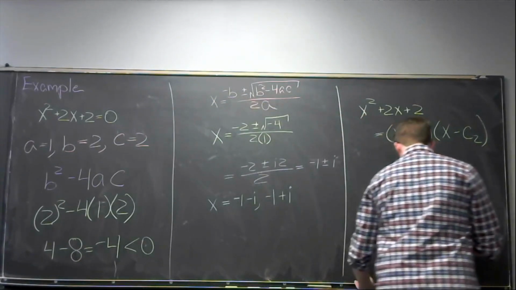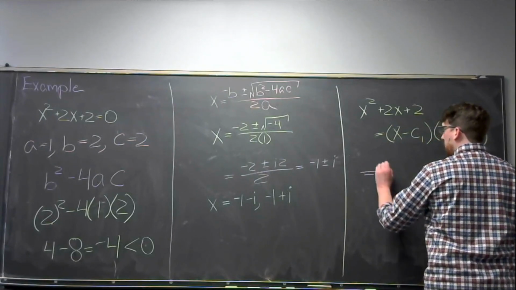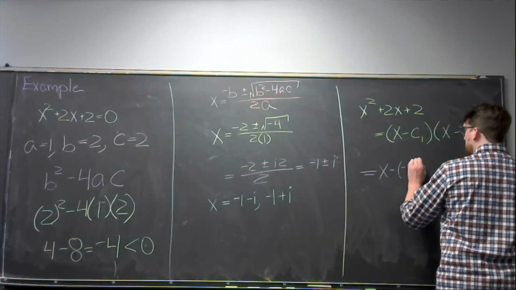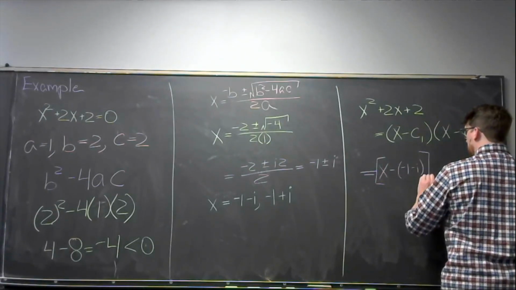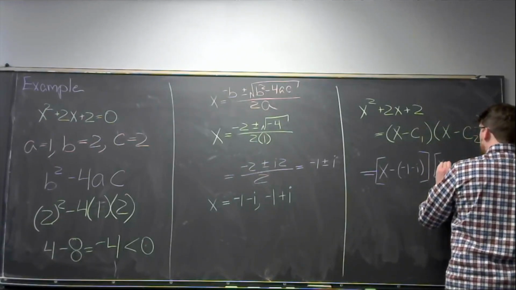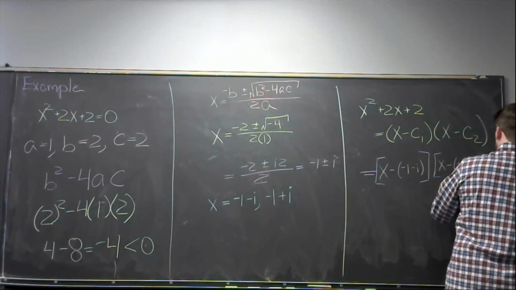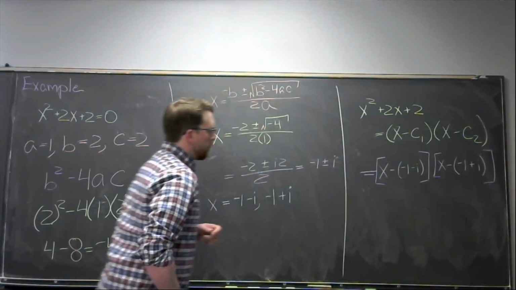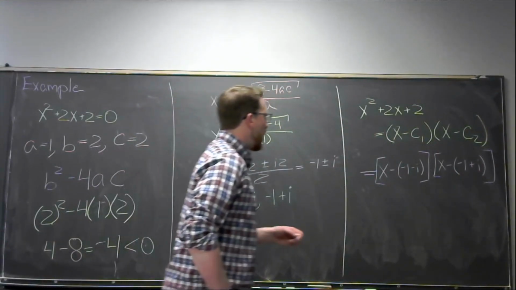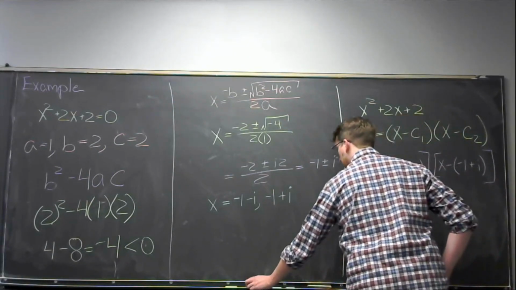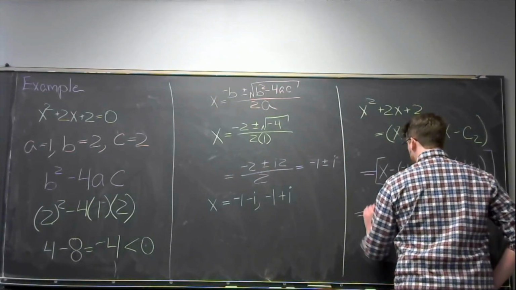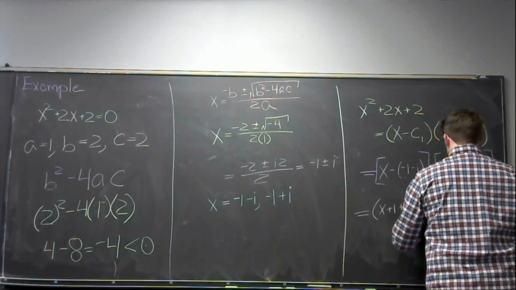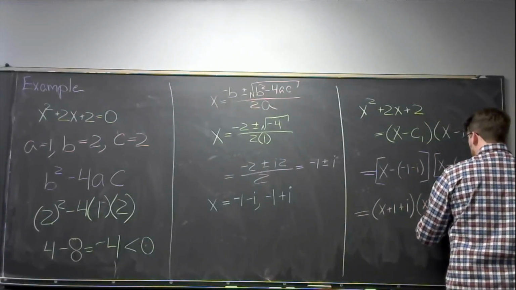So this means one of these has to be x minus -1 minus i, and the other one has to be x minus -1 plus i, which we can now rewrite as x plus 1 plus i times x plus 1 minus i.